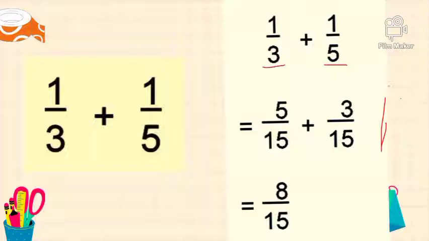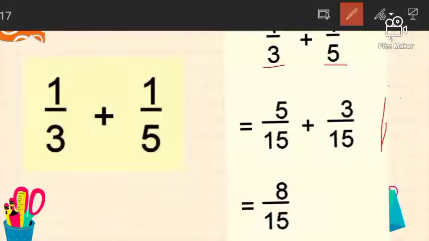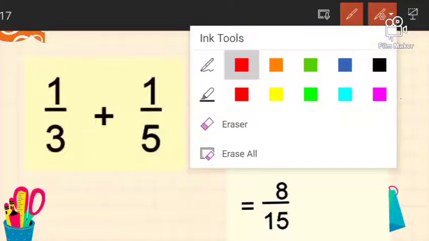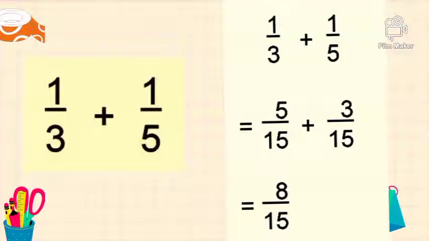And 5 times 1 is this 5. 15 divided by 5 is 3. 3 times 1 is this 3. 5 plus 3 is 8. So this is 8 over 15. So it simply means that 1 over 3 plus 1 over 5 is 8 over 15.